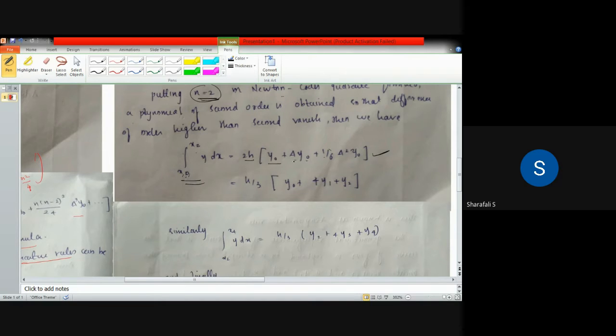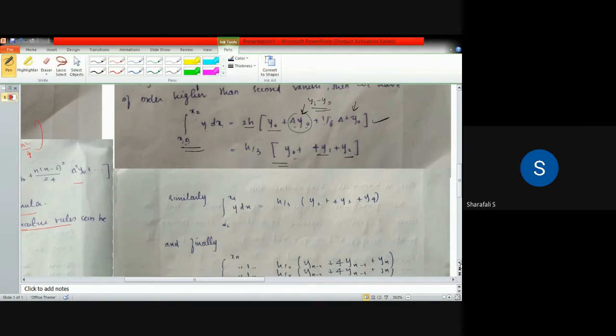From that, substitute delta y0 as y1 minus y0, and for delta square y0 we have to consider delta y1 minus delta y0 and substitute these two terms again in that equation. If you simplify that, you will get h by 3 times y0 plus 4y1 plus y2. That will be the equation for the integration from x0 to x2 of y dx.